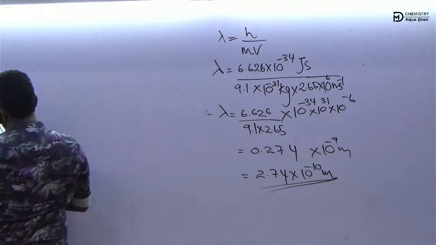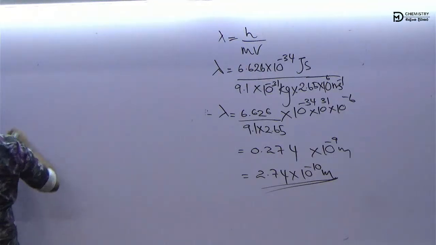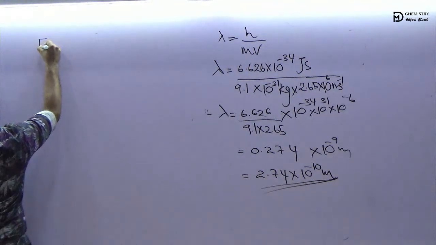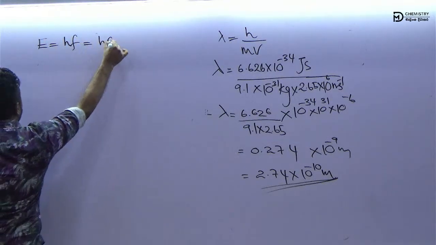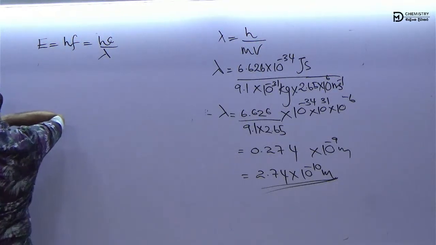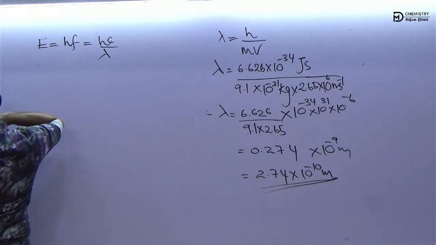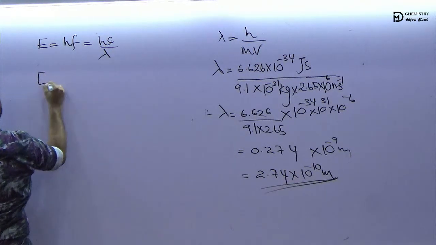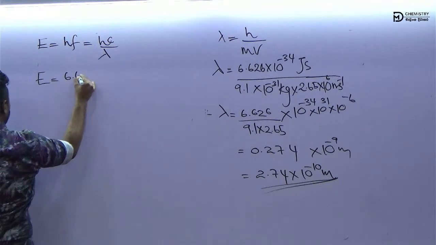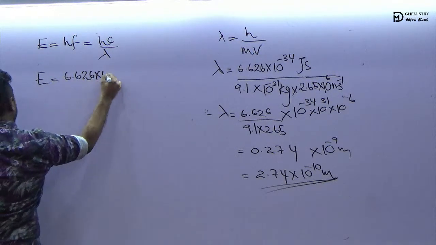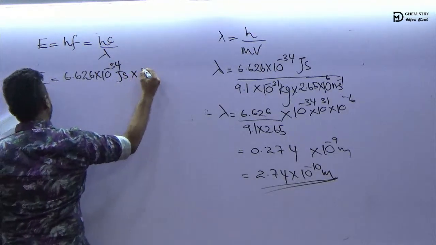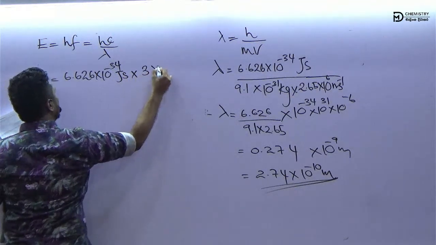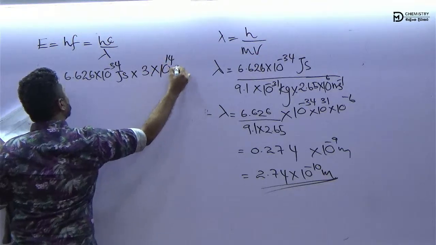Let's see. An X-ray frequency is given. When we come to the energy of electromagnetic radiation, we know it is E equals hf, or equal to hc over lambda. Calculate the energy of one photon. Really easy question. The Planck constant is 6.626 into 10 to the power minus 34 joule second, into the frequency 3 into 10 to the power 14 per second.